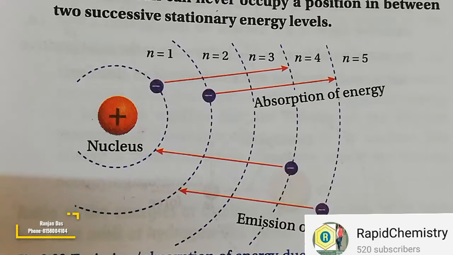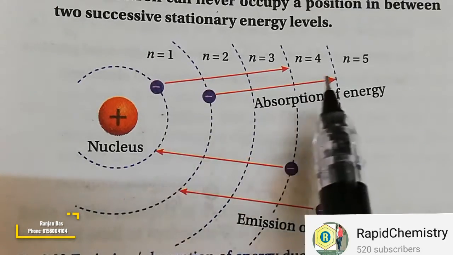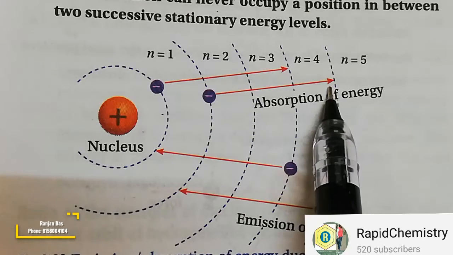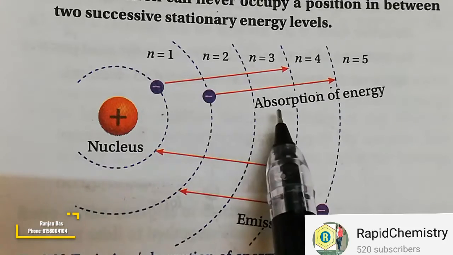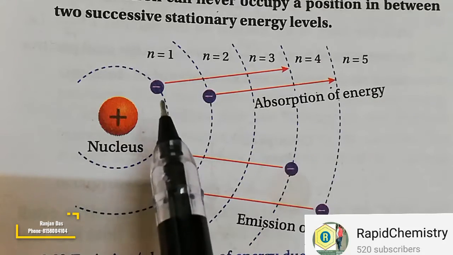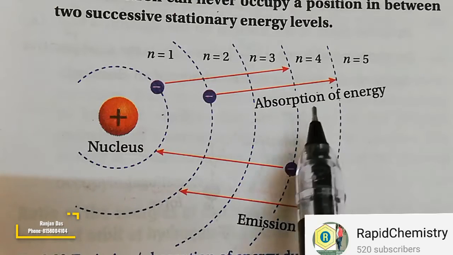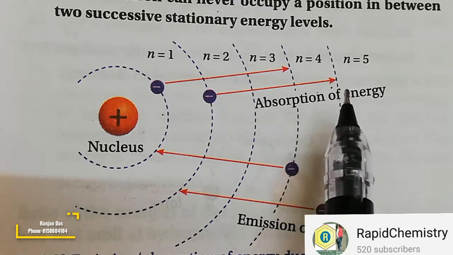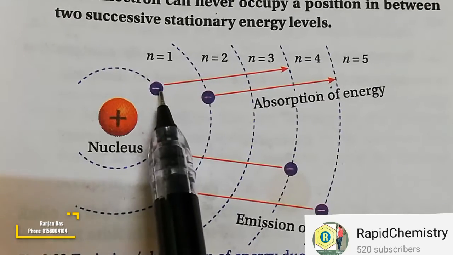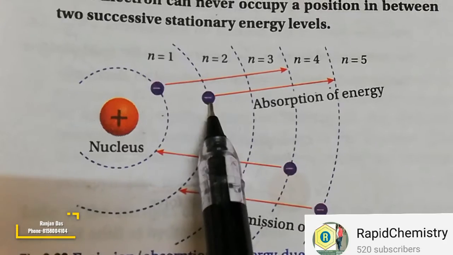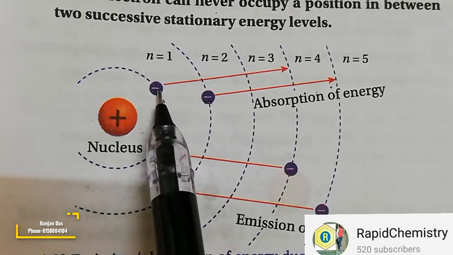Whenever electrons jump from a lower shell to a higher shell, as we have already said, the energy of the electrons in the higher shell increases. That means if the distance from the nucleus increases, the energy of the electrons also increases. So the energy of an electron in the outer position is more compared to one in the inner position.